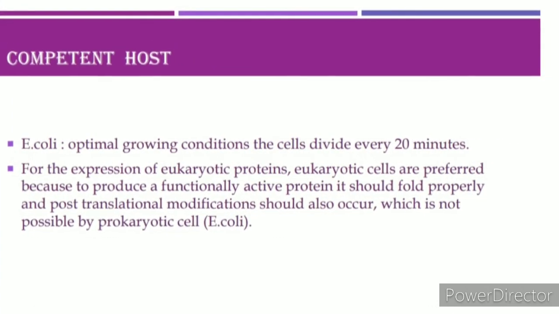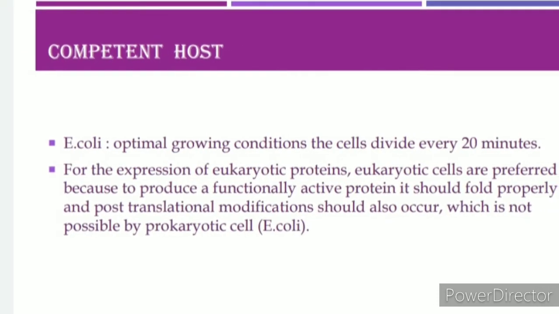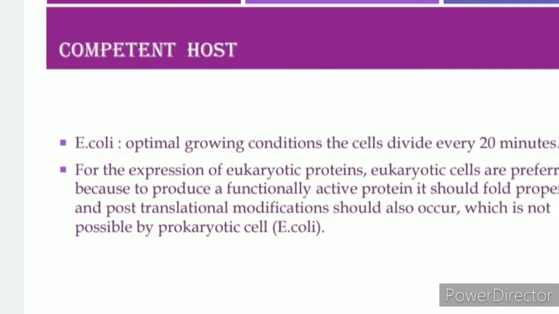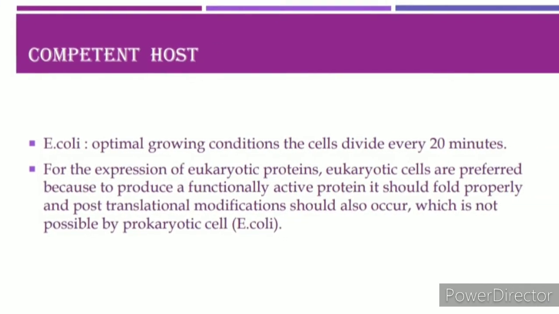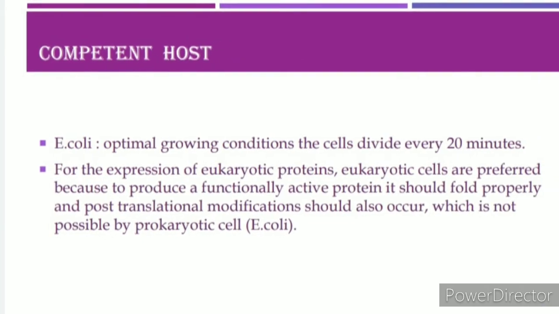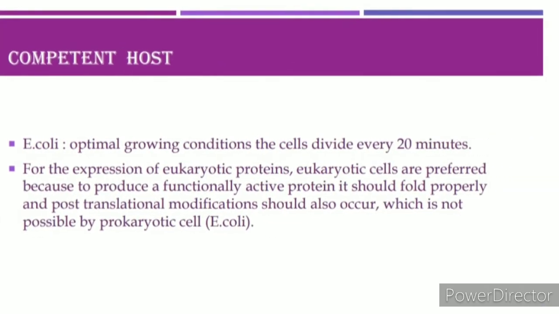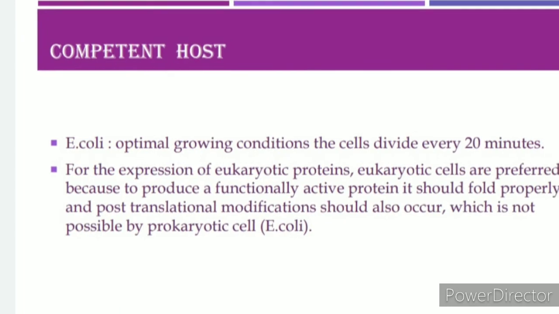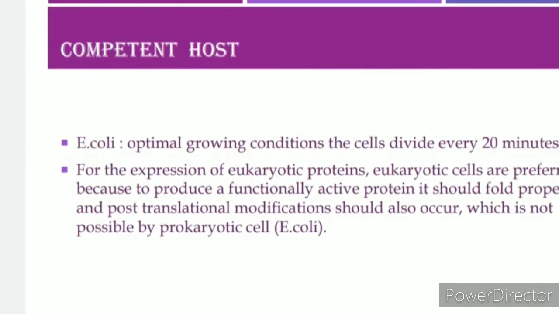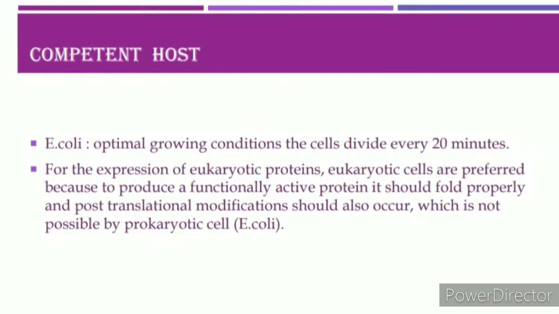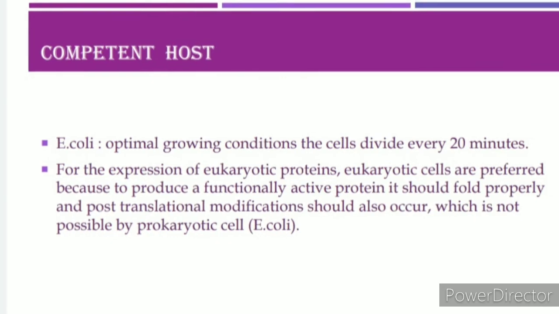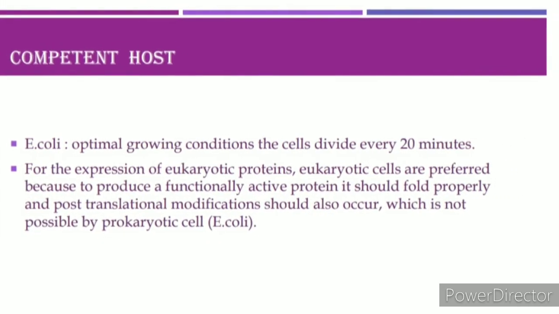E. coli is the most widely used host organism because its genetic makeup has been extensively studied. It is easy to handle and grow, can accept a range of vectors, and has also been studied for safety. One more important feature of E. coli to be preferred as a host cell is that under optimal growing conditions, the cells divide every 20 minutes.